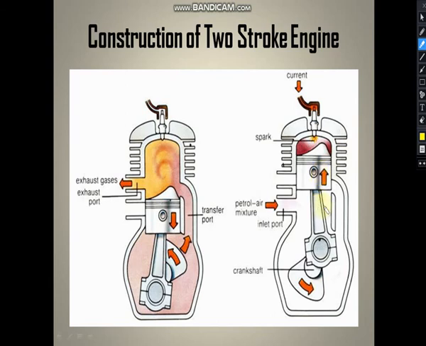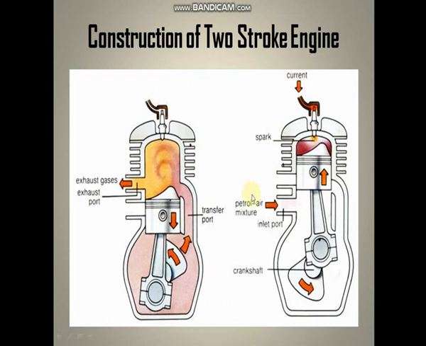So when the piston is moving from BDC to TDC, a vacuum is created due to the pressure difference between the crankcase and the atmosphere, and the pressure inside the crankcase will be much lower as compared to atmospheric pressure.